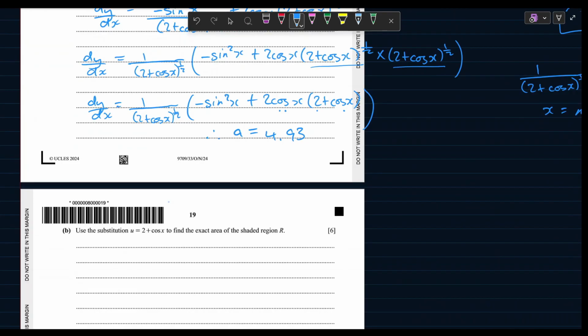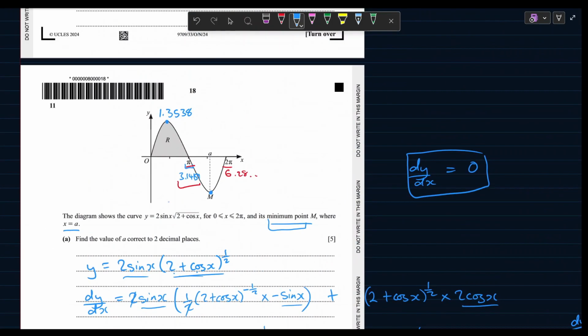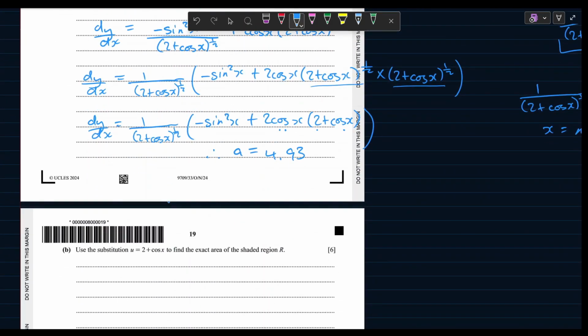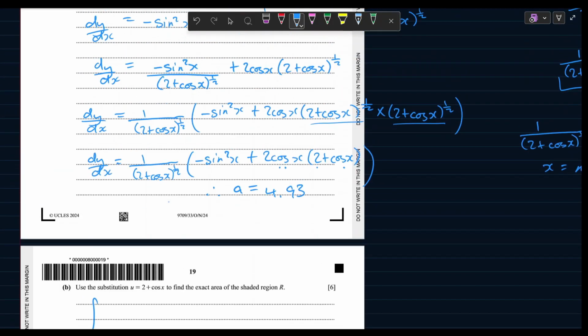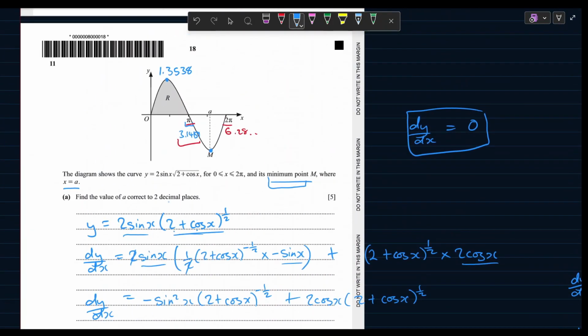Part B says use the substitution u is equal to 2 plus cos x to find the exact area of the shaded region R. Okay, so what this means is that we are integrating our curve from 0 all the way up to pi.